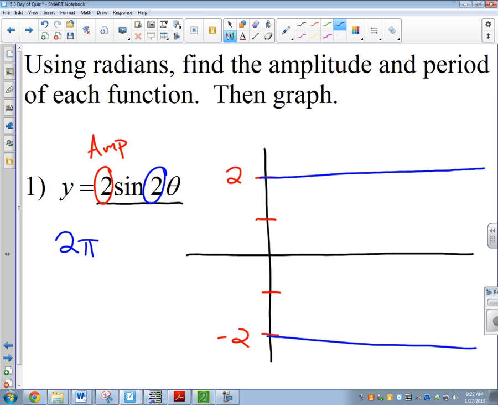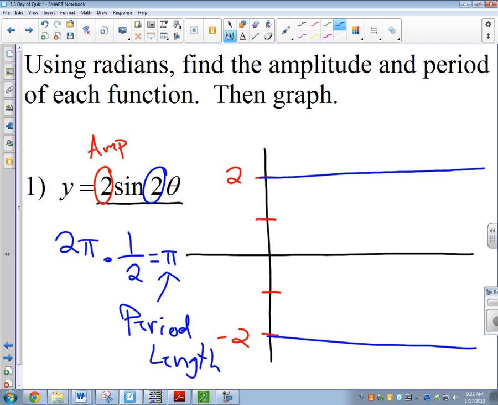So you're going to take 2 pi times the reciprocal of 2. What's the reciprocal of 2? 1/2. So 2 pi times 1/2 would get me pi. That right there is going to be my period length. It'll make sense here in a second.